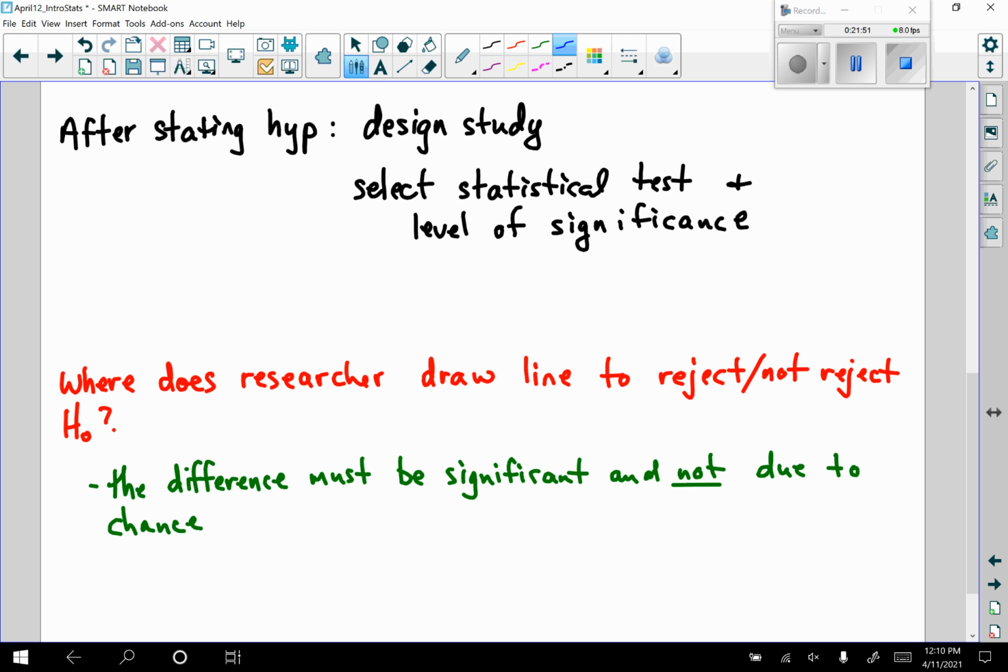And we're going to take a closer look at what it means to be significant, a significant difference here. It just means that the difference between the sample mean and mu will be large.